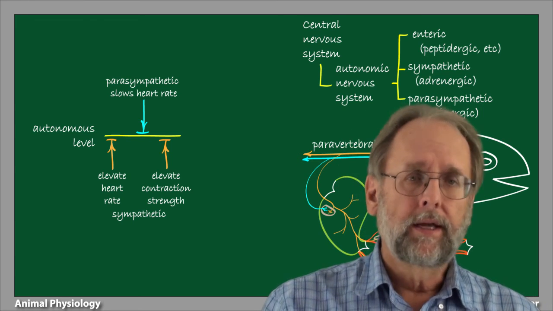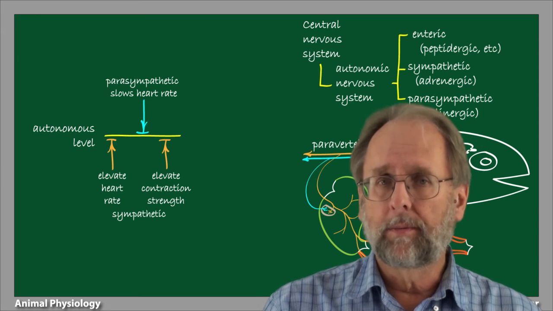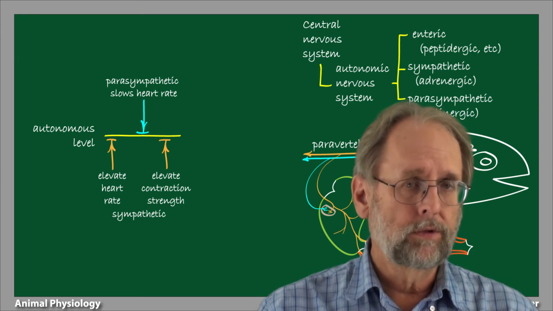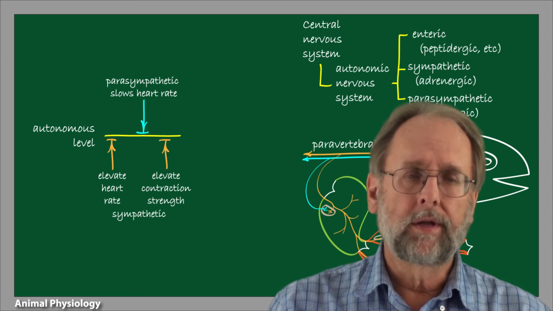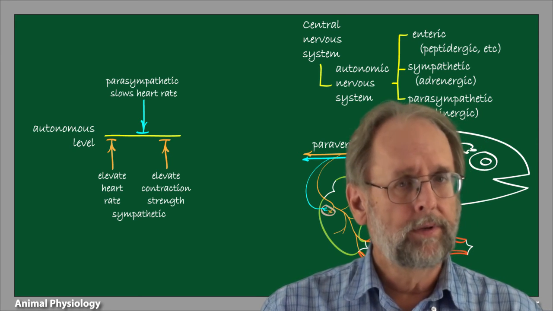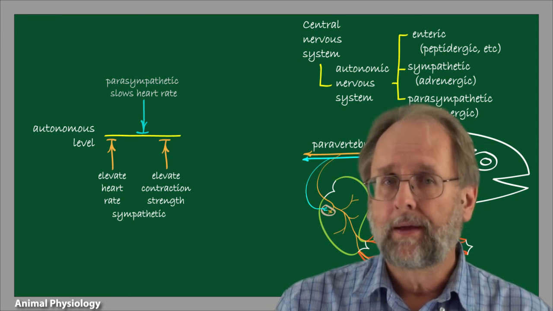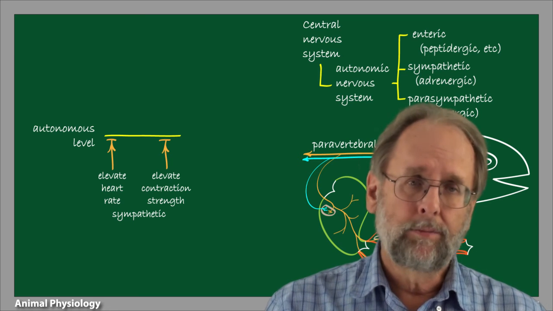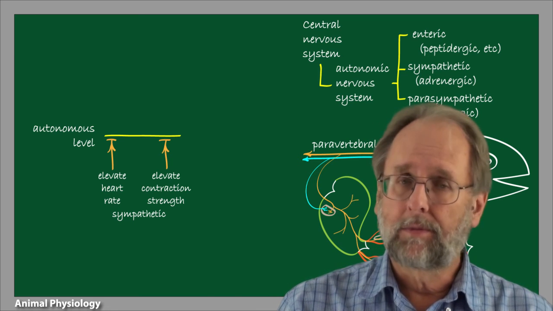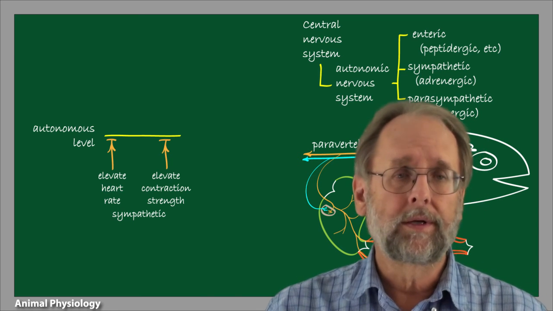On the other hand, if the parasympathetic input dominates, the heart rate slows. It's not so much the activity of one or the other that drives a function of the heart, but the balance between the two. If, for example, the vagus nerve is cut, removing the input of the parasympathetic nervous system altogether, heart rate will increase.